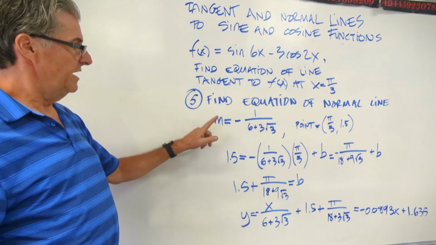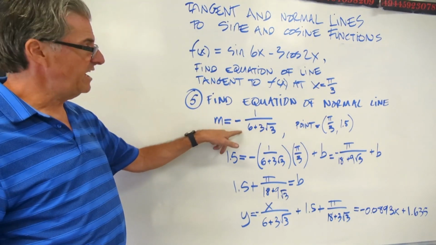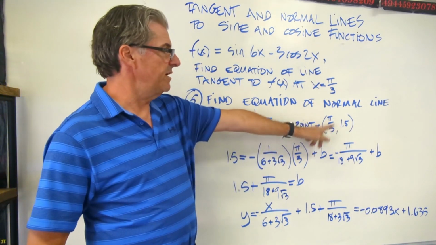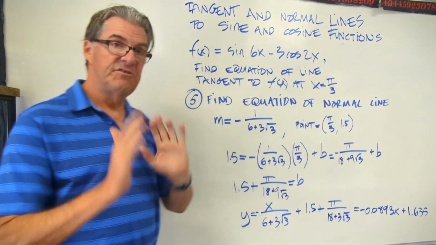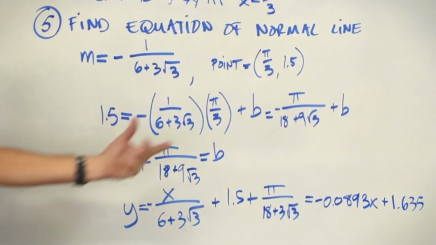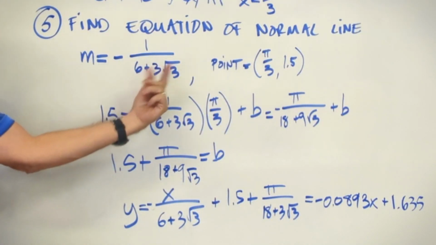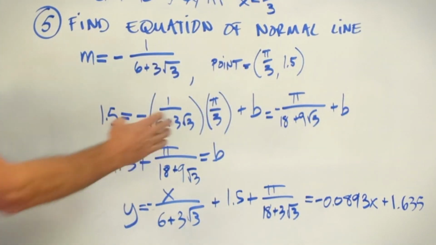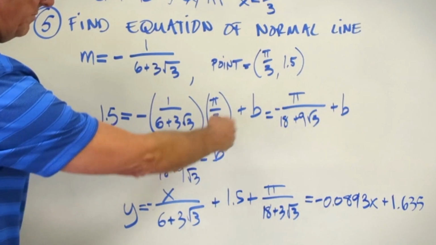So, like we said before, here's the slope of our normal line, the negative reciprocal of the slope of the tangent line, and it also passes through the same point, pi over 3 and 1.5. So, plug in step. 1.5, that's our y value, equals the slope times the x value, plus b. Okay, cool. So, next step, I just simplified this.